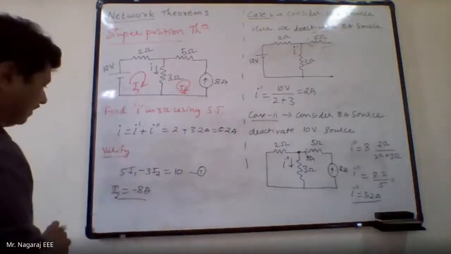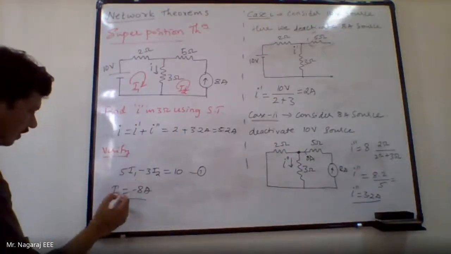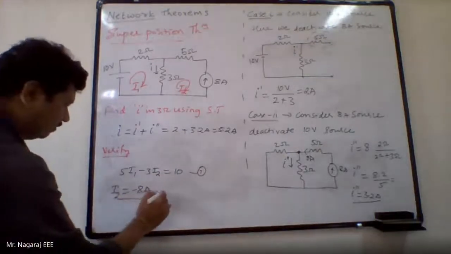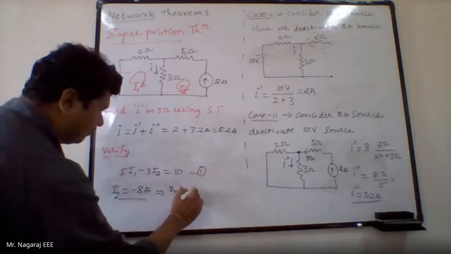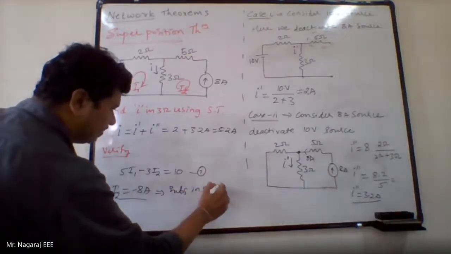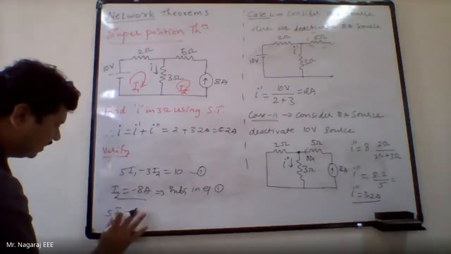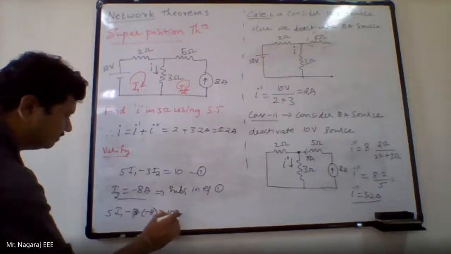If I want to know I1, you can put I2 equal to minus 8 in equation 1. Substitute in equation 1. So it is 5I1 minus 3 into minus 8 is equal to 10.